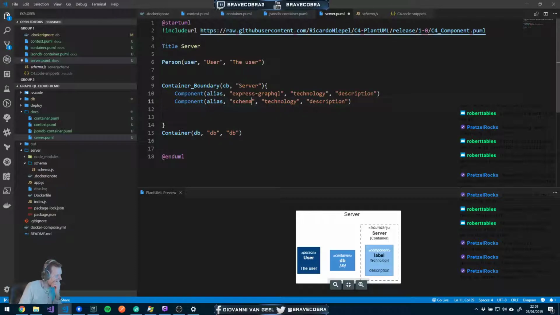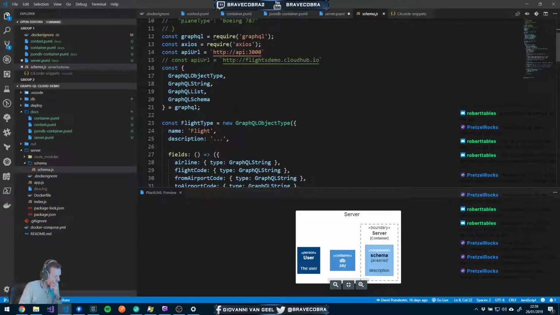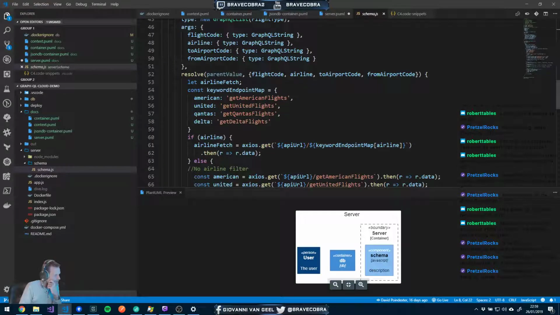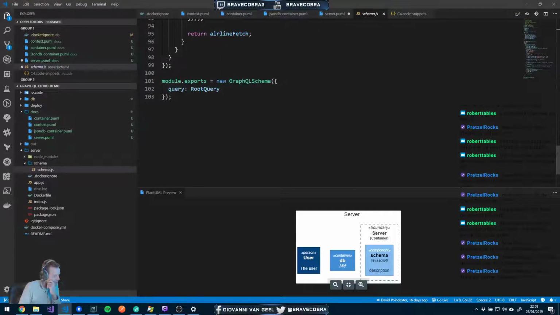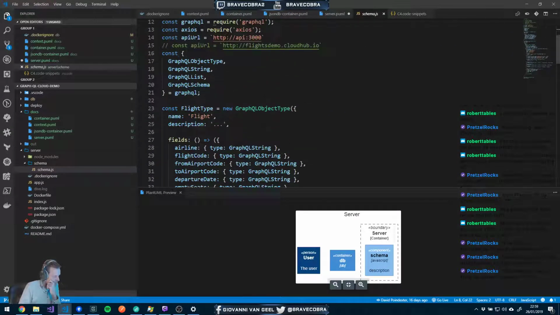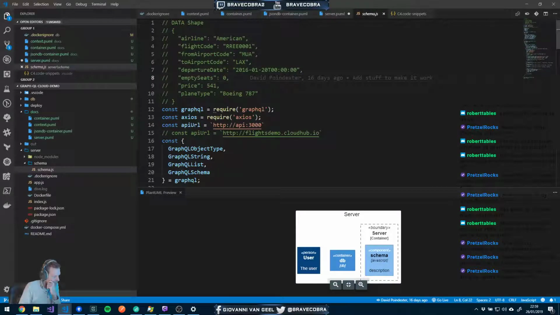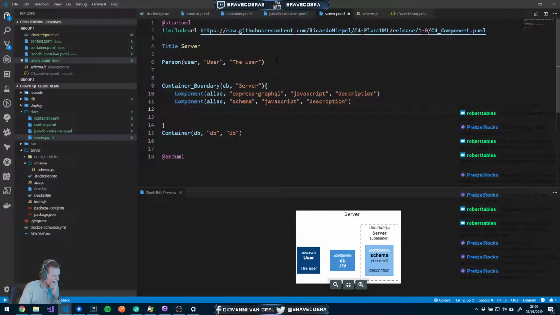So we got the schema. So the schema is expressing this one in, okay.